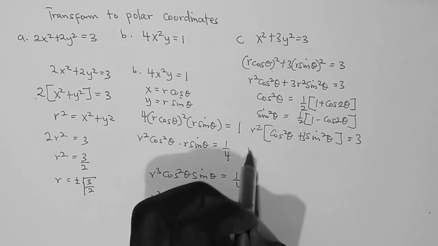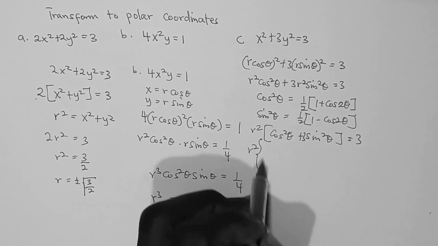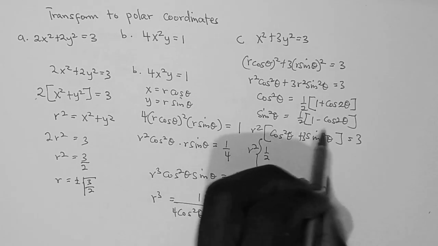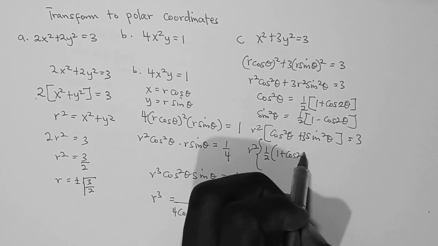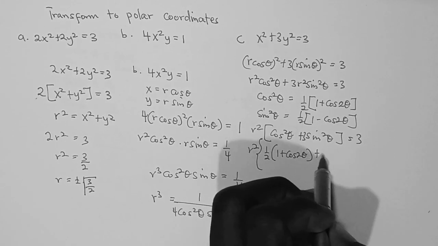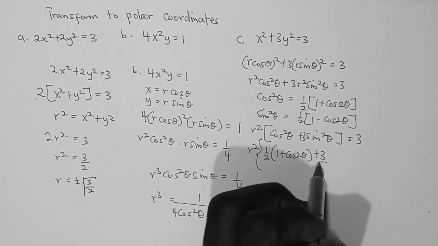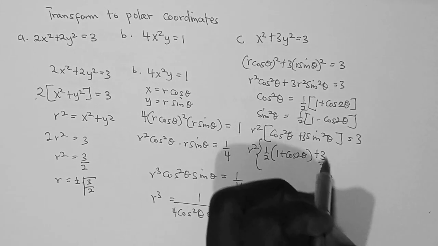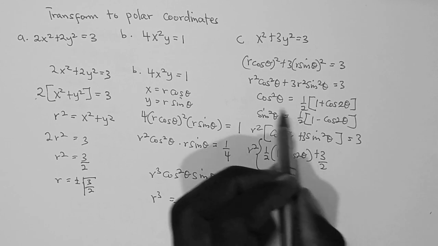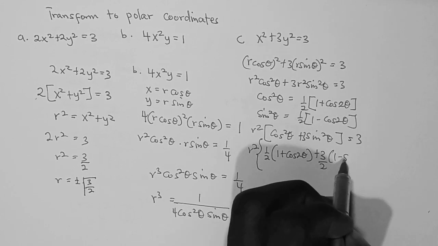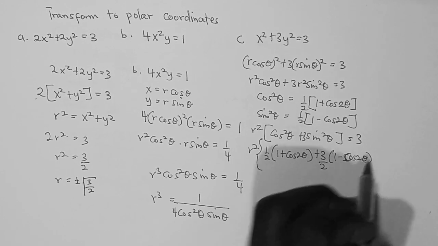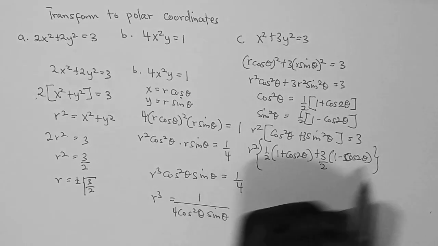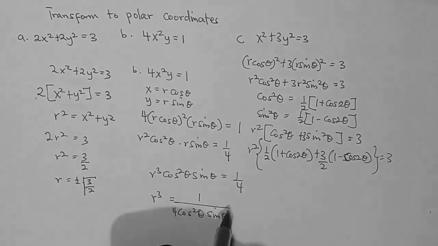So this becomes r squared, then 1 over 2 cos squared theta is 1 plus cos 2 theta, then plus 3 over 2 sin squared theta becomes 1 minus cos 2 theta, bracket close, equals 3.